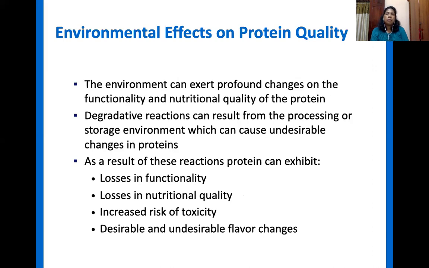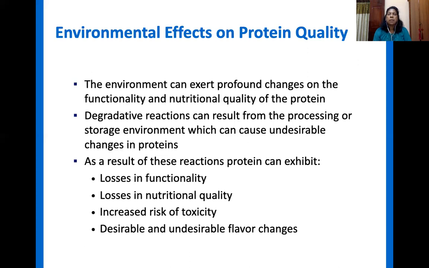Then let's come to the environmental effects on protein quality. The environment can exert profound changes on the functionality and nutritional quality of the protein. Now we are talking about the nutritional quality of the protein. Degradative reactions can result from the processing or storage environment, which can cause undesirable changes in protein.